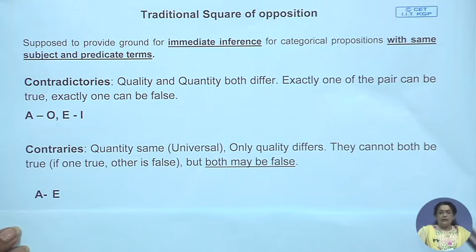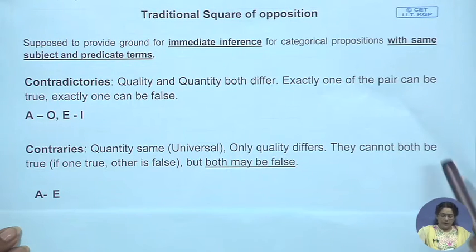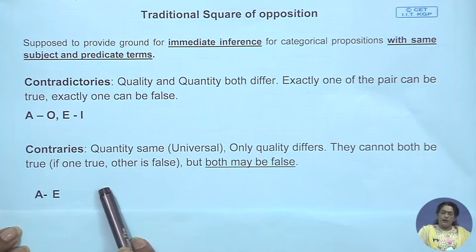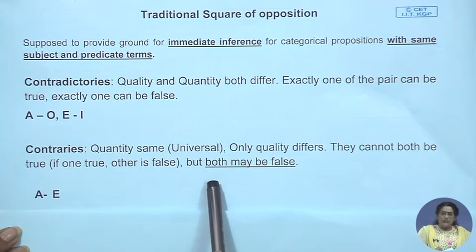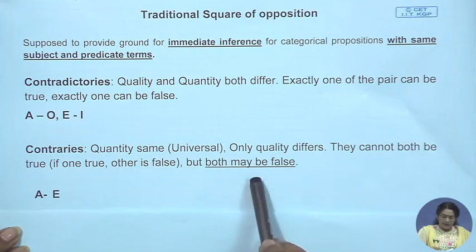But notice that their relationship is different from the contradiction, because they both cannot be true. Okay? That matches with the contradiction. Both of them cannot be true at the same time. So, if one of them is true, you know the other one must be false. But unlike the contradictories, both may be false. All right?